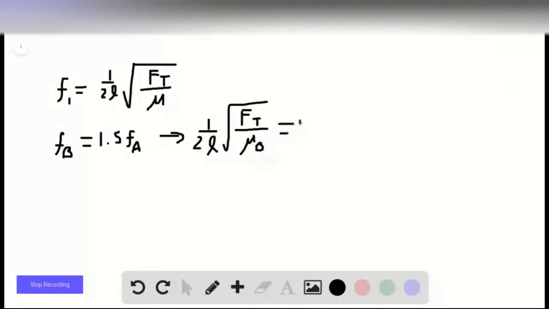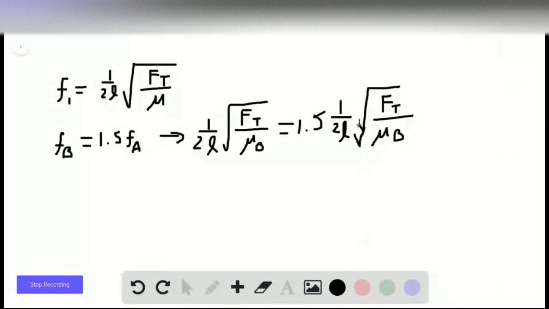And the other side is 1.5 times 1 over 2L times the square root Ft. And this time it's mu a. Okay, let's go ahead and make sure this square root extends all the way down to include all that.